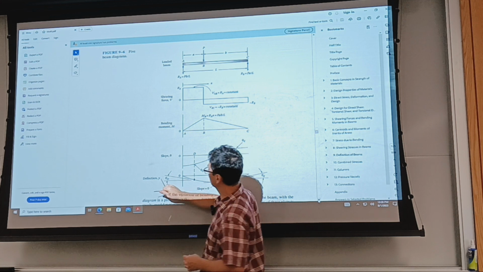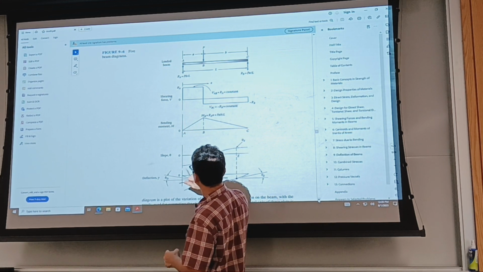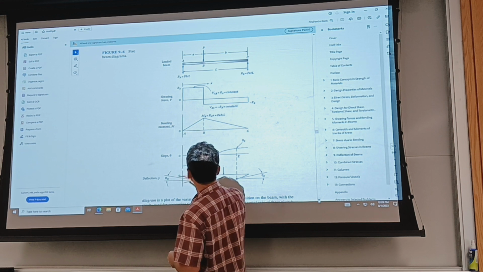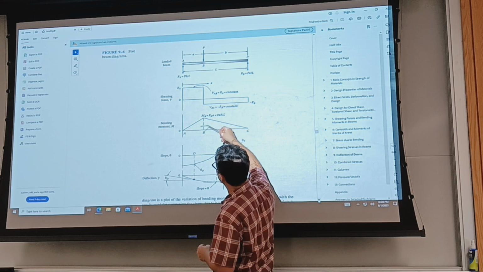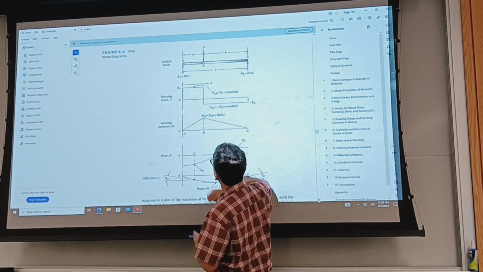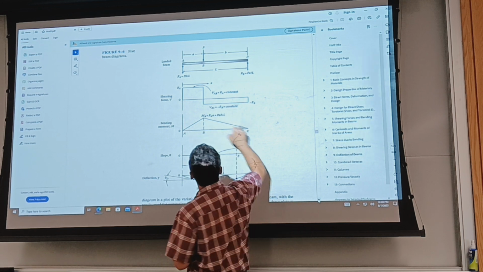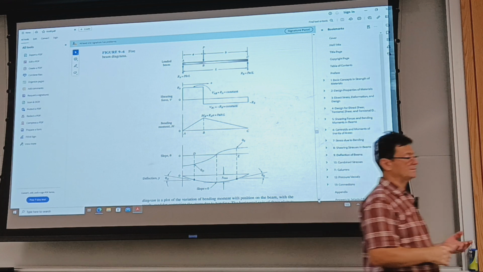If you have the equation y of x, the slope is nothing but dy over dx. It gets you the slope. But then there's a relationship between moment and slope, so how do we bring this in? It has to do with the loading and the moment distribution, and also with the stiffness of the material.